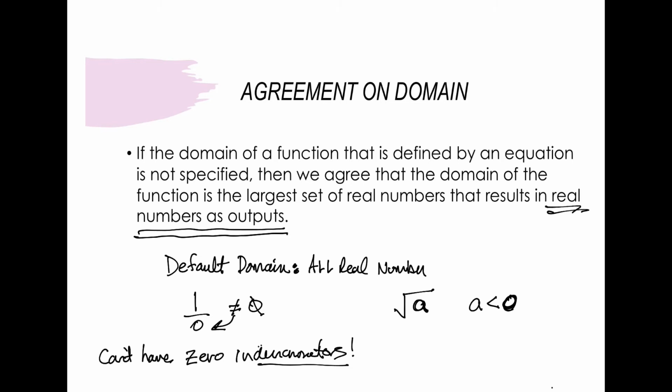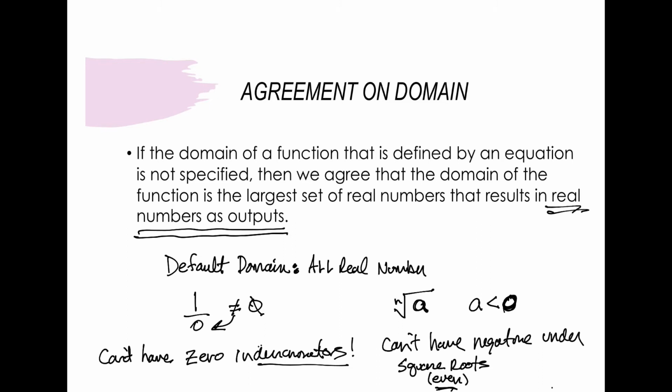We can't have negatives under square roots, or, that's, most of the time we're dealing with square roots, but really it's any even roots, right? Where it's a square root or a fourth root or a sixth root. A cube root can have negative outputs, so that's not a problem. It's looking for those even index.